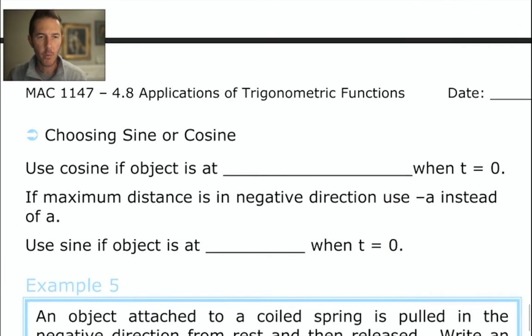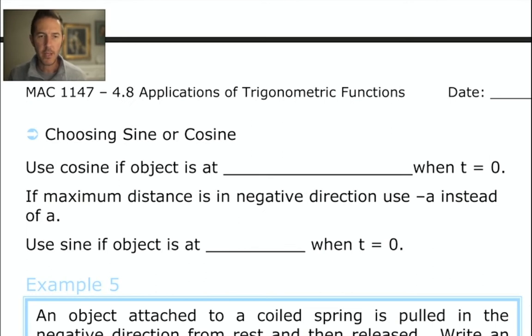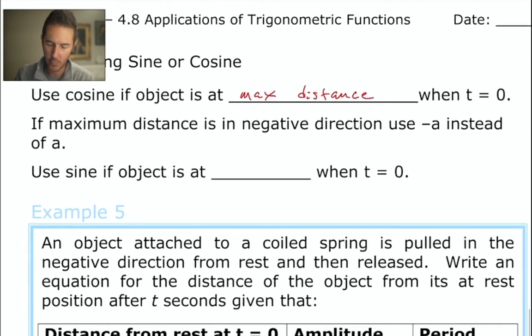As we were talking about when we were looking at the diagram of the mass attached to the end of the spring, we're going to use the cosine function if the object is at maximum distance when t equals 0. And we'll use the sine function if the object is at rest when t equals 0.